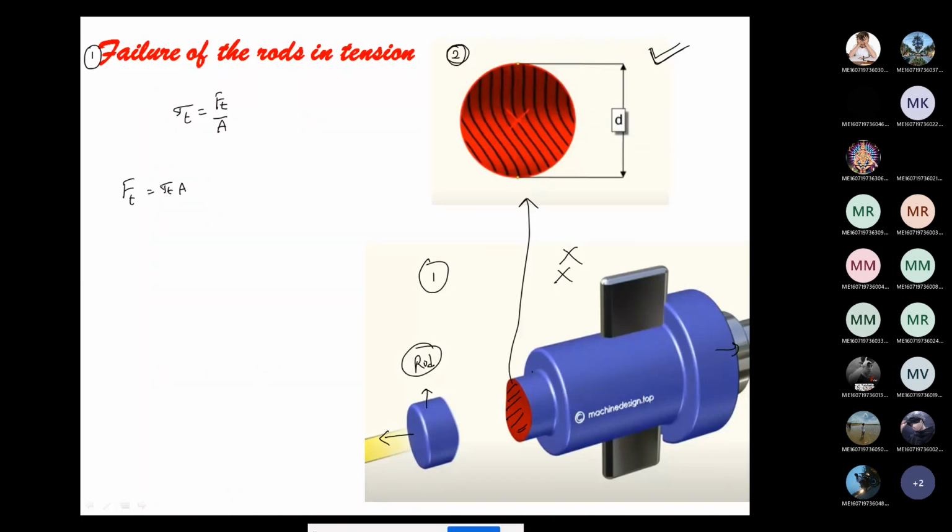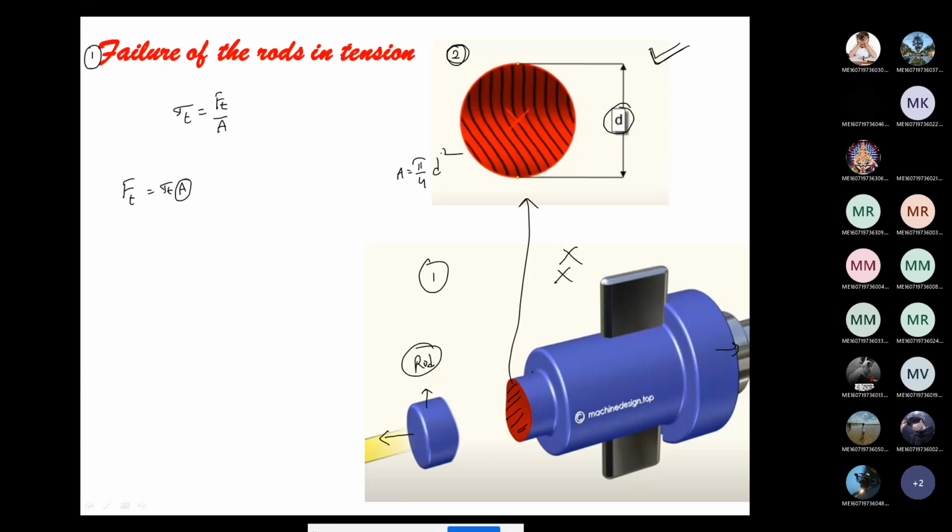Now the tensile stress is the permissible limit, which we are going to take from the question. Now what is the area? If we see the figure, a solid circle is appearing. For a circle, what is the area? Pi by 4 into its diameter squared, where d is the diameter of the rod.